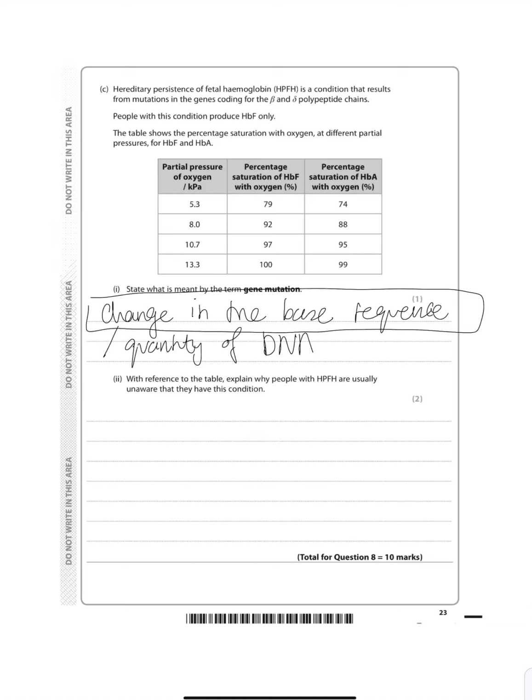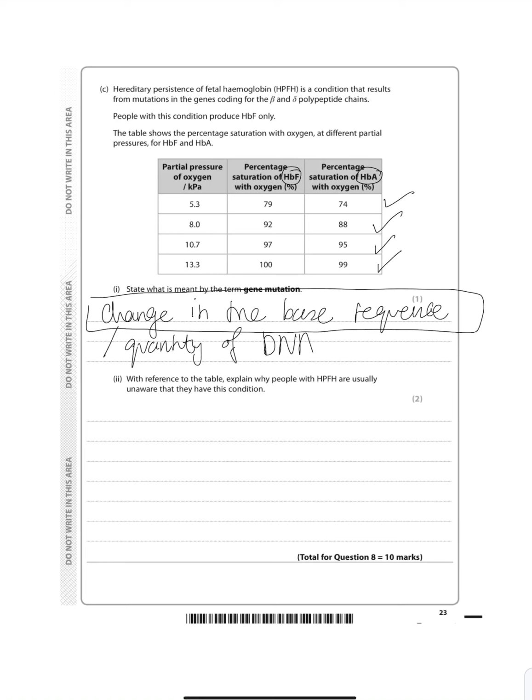Right, moving on. With reference to the table, explain why people with HPFH are usually unaware that they have this condition. Well, let's just see what they've given us on the table. So this is with the condition, and this is people who are normal. So let's compare the results. So it seems similar.